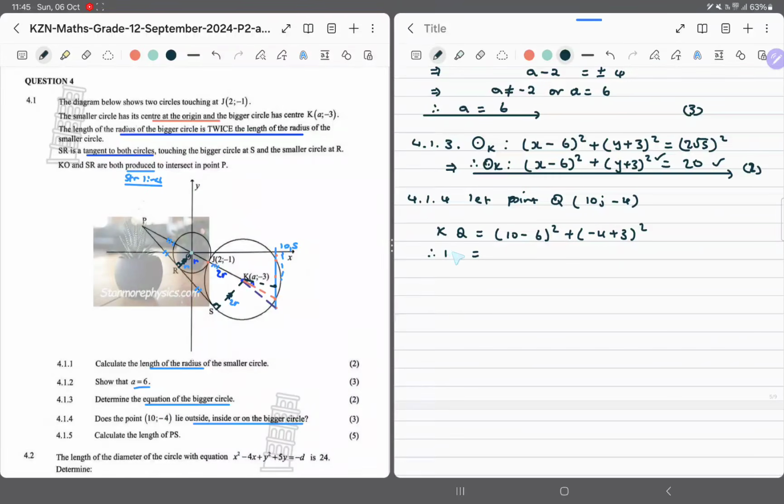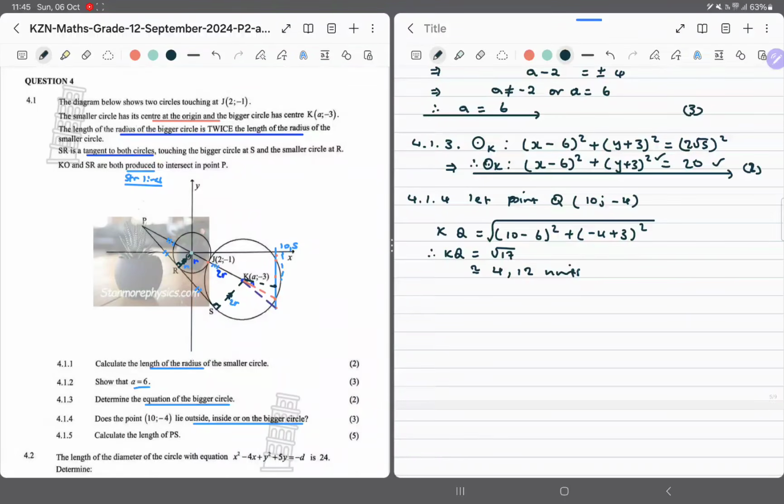Therefore, KQ, actually this is supposed to be under the square root. Be careful of messing up when you already are on point. So this is the square root of 10 minus 6 all squared plus minus 4 plus 3 all squared. So this is square root 17. Sometimes you may want to reveal what that is, because root 17 is not good. So this is 4.12 units.